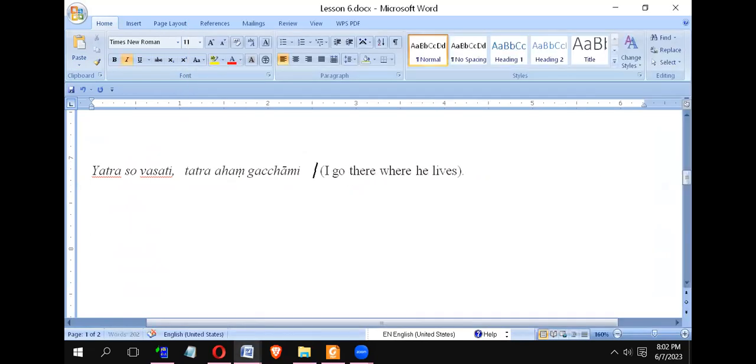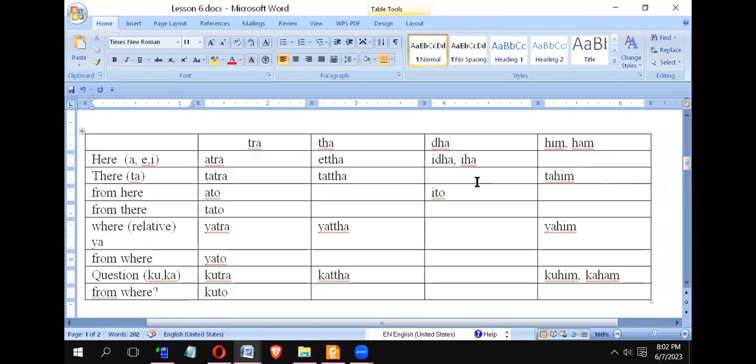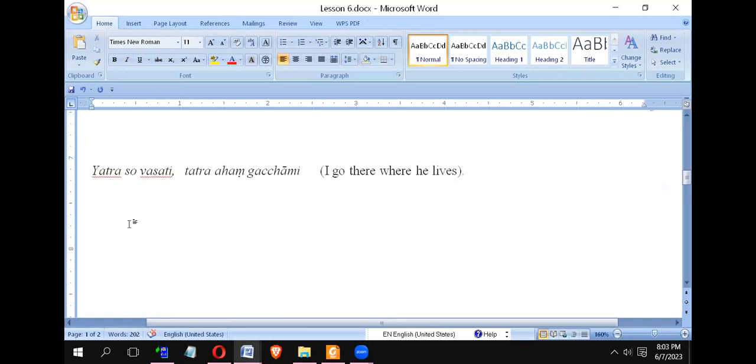So we look at word by word first. Yatra is how we say yatra with the ya. With the word ya, it's a relative one. Relative means it's a kind of relationship, like in English. So just translate it as where first. So is he, wasati is lives, tatra is there, aham is I, gacchami is go.